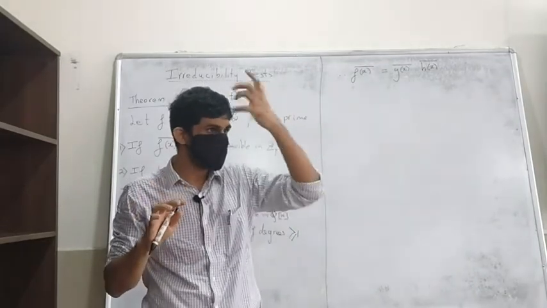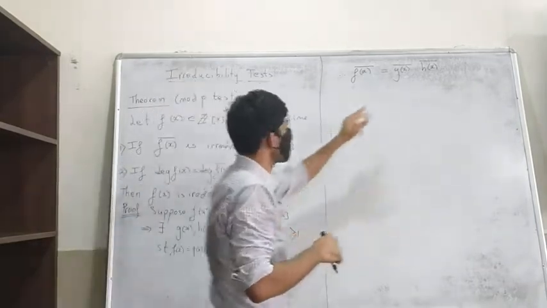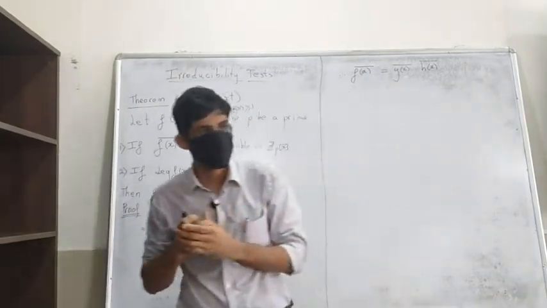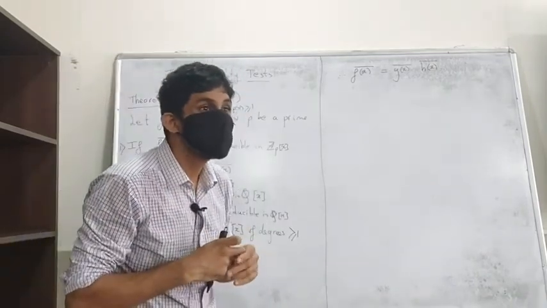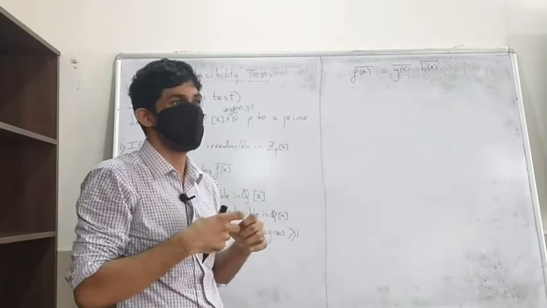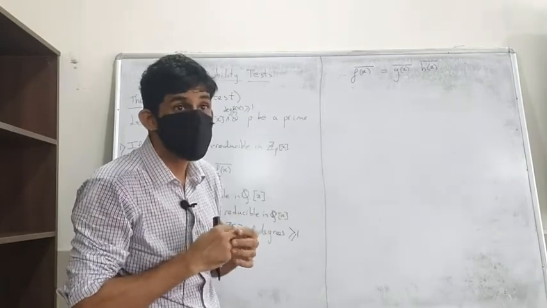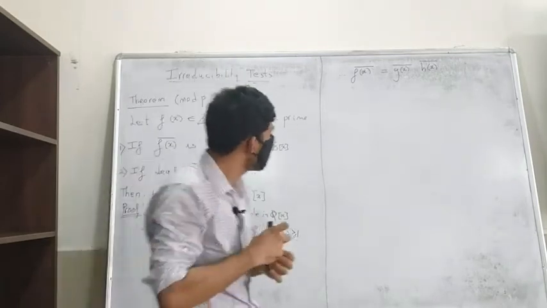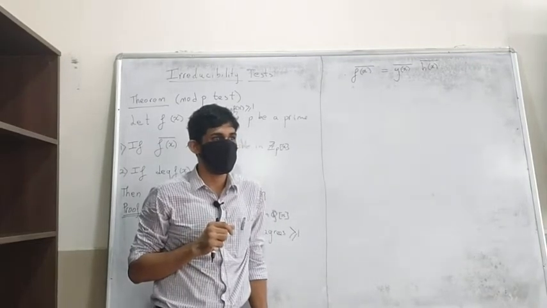How do you know that the degree of g and g bar is the same? Yeah? Because? The product of the degree? So?